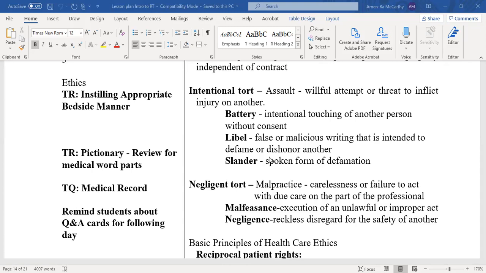Now, the negligent tort also has two subcategories. Let's see what a negligent tort is. It's malpractice, carelessness, or failure to act with due care on the part of the professional. You just refuse to do the treatment because you didn't feel like going. They called you from 5 north and you're way on 5 south, and I don't feel like walking all the way over there.